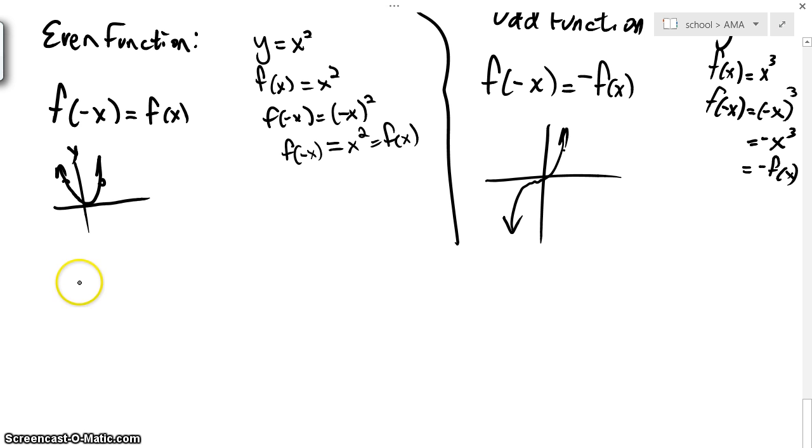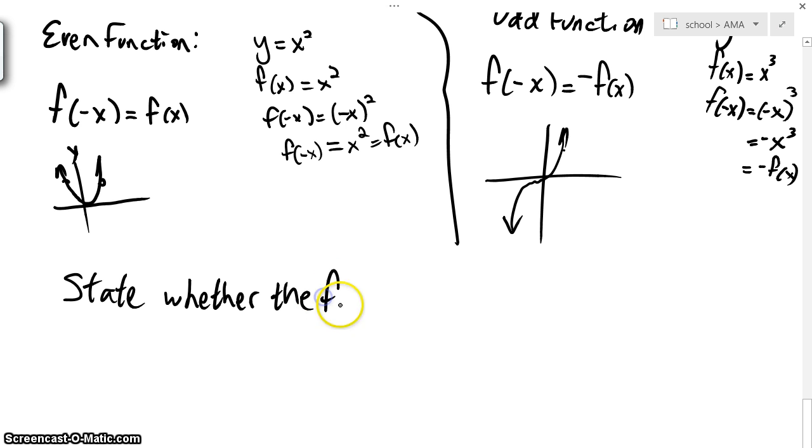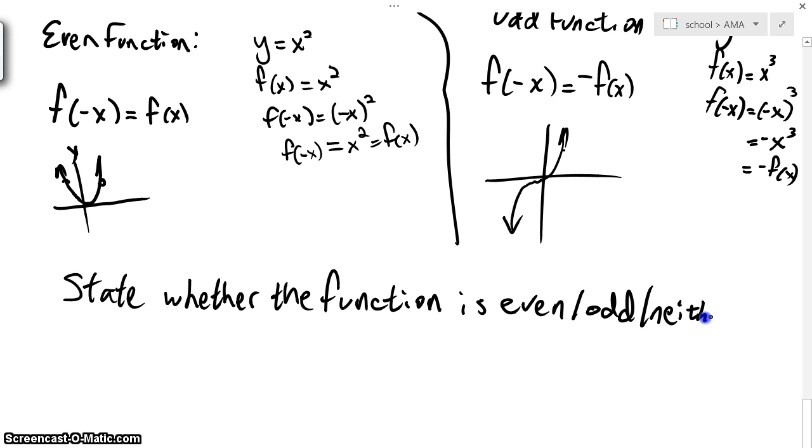But let's state for these next couple problems whether the function is even, odd, or neither. It's quite possible that you'd get neither. And I just want to do two quick problems showcasing that.